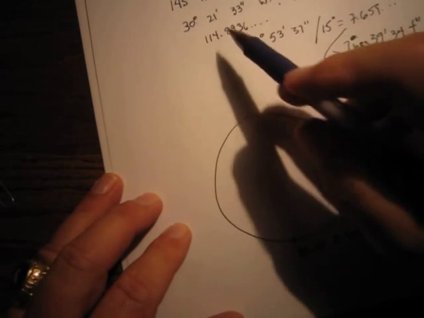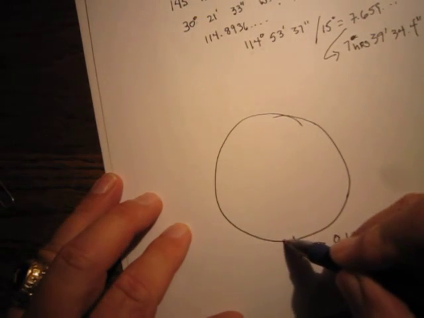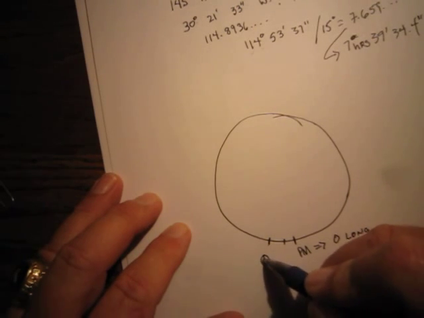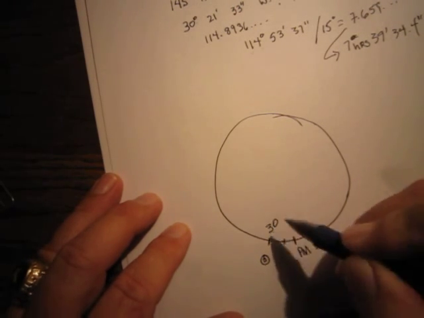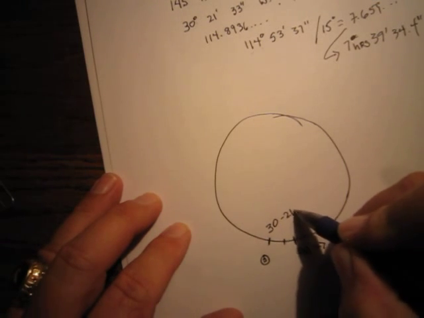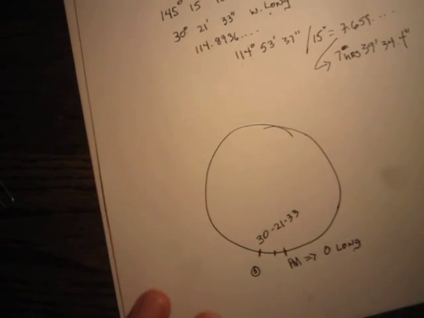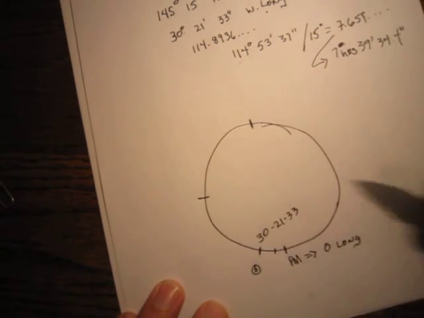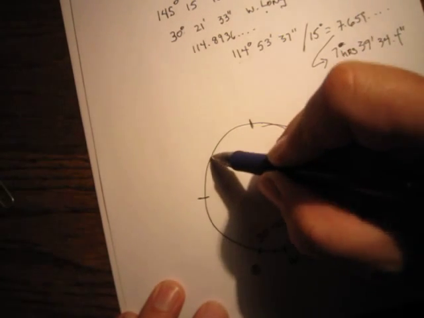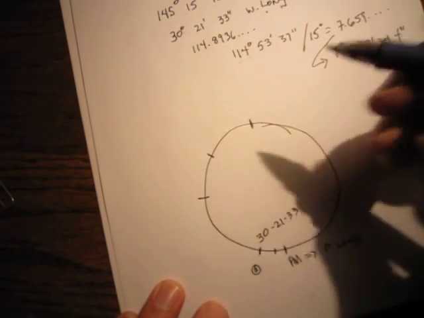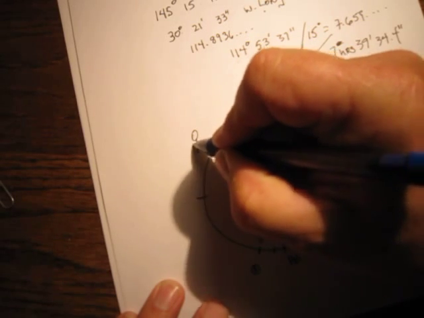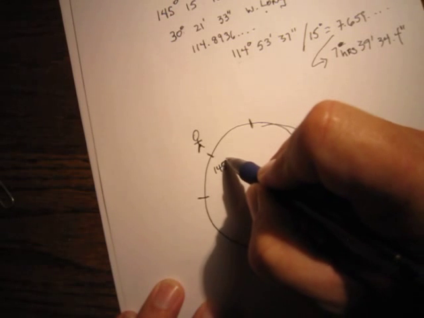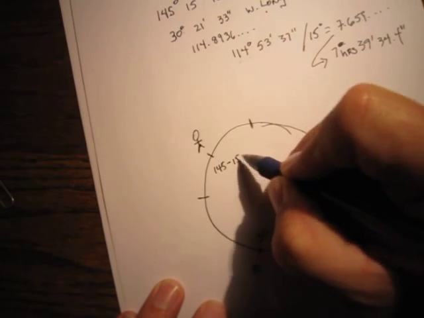The sun is at 30, 21, 33, so we come over here. Here's 90. Here's 180. So we are right up here somewhere. Here's where we are at 145, 15, 10.